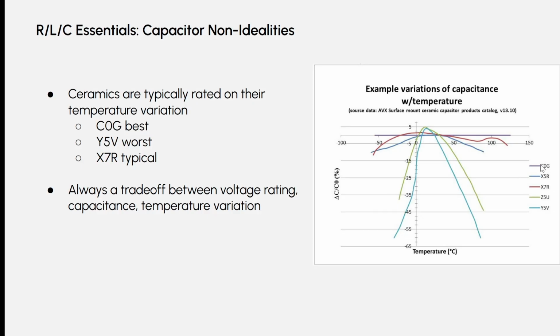Now the problem with that is they don't have very high capacitance or voltage rating values. And if you don't have a high voltage rating value, you might find yourself further along that derating curve. And so it's always a trade-off between voltage rating, capacitance, temperature variation. I'm going to be honest, typically temperature variation is not that big of an issue, because even if you look at this graph within the range of between 0 to 50 Celsius or 40 Celsius, our rocket's not going to Antarctica.